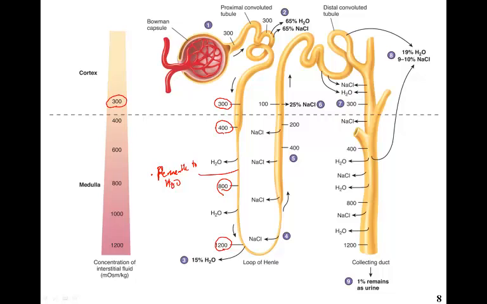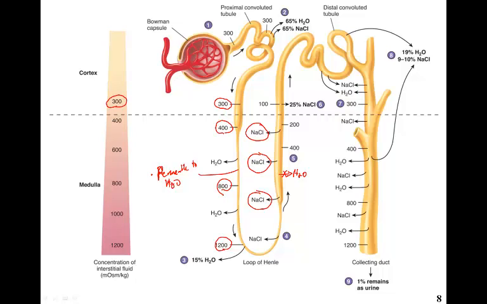And then the thick ascending limb, you have a couple important things. So first of all, it's not permeable to water. Water cannot pass out of the thick ascending limb. And then the other thing that's important about the thick ascending limb is that it actively pumps out sodium all the way up. Sodium's getting pumped out.